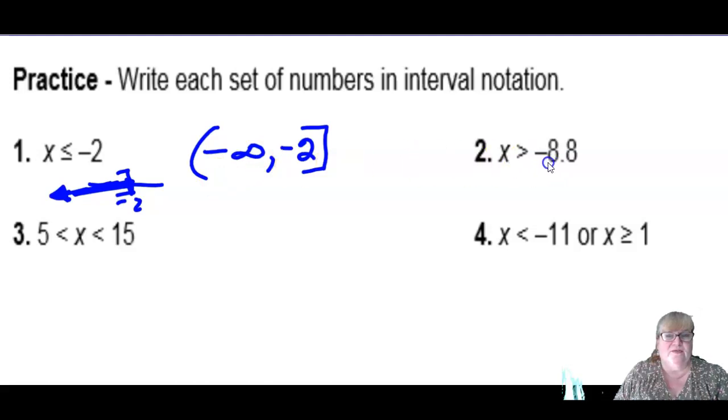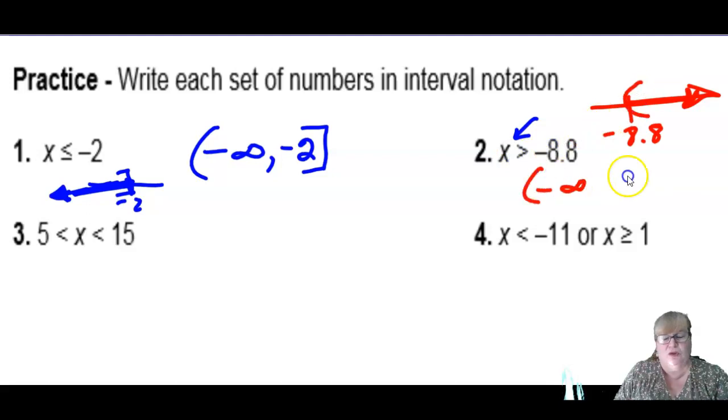This one says -8.8 and greater. Greater than means it's going this way to the right. It doesn't have an or equal to, so we would have a parenthesis, -8.8 to infinity.